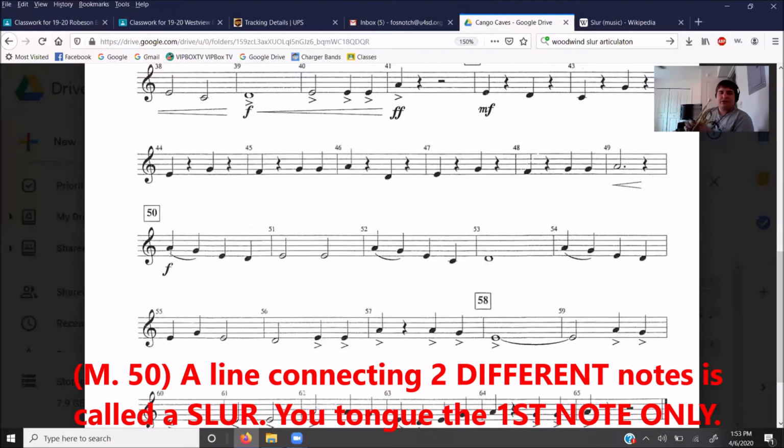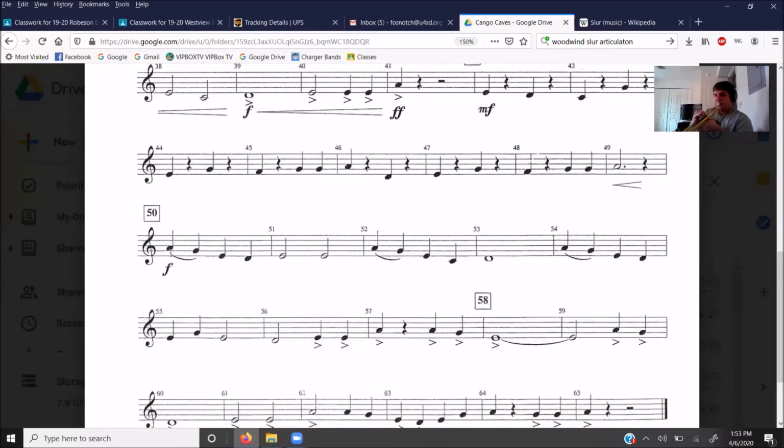Here are those first couple measures starting at 50. 1, 2, 1, 2, ready, go. All right, that kind of makes sense, and that's how we do slurs.